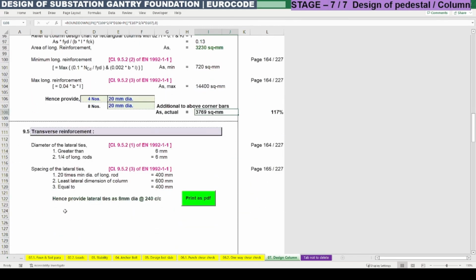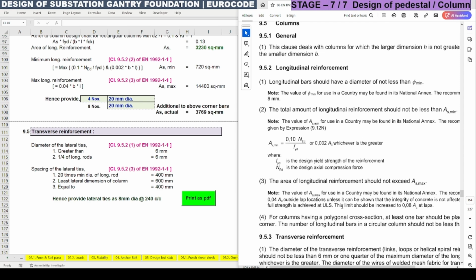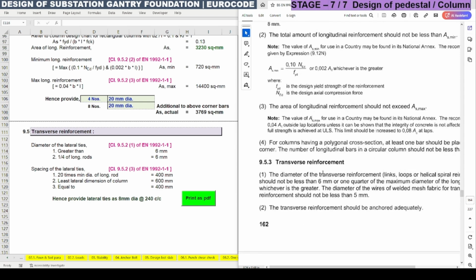Next, coming to the transverse reinforcement. For the transverse reinforcement, the explanation is provided in clause 9.5.2 notes 1 and 3. Let us see that on page number 164. Here you can see that the transverse reinforcement is provided. The first case is only 6 mm to be considered, or 1/4 of the maximum diameter.